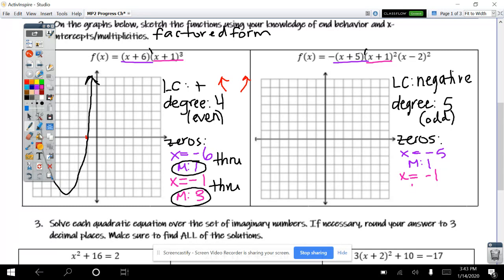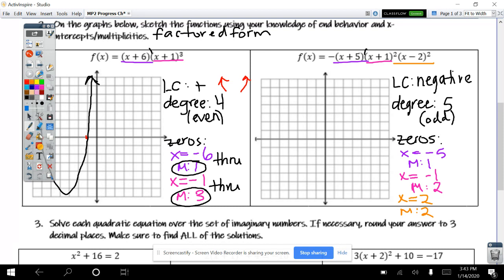And that has a multiplicity of 2 because that's the exponent on that factor. And then the last one would be x equals 2 with a multiplicity of 2 because it also has an exponent of 2.